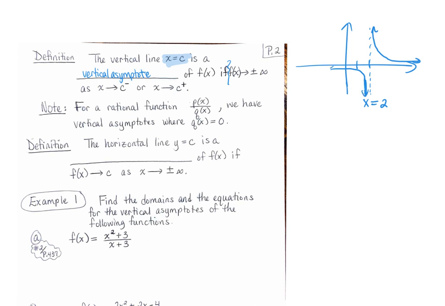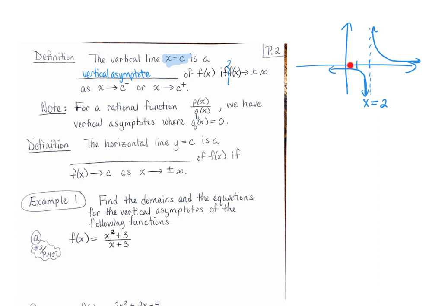Note you have a couple of things happening. As x approaches 2 from the right, our function approaches positive infinity.